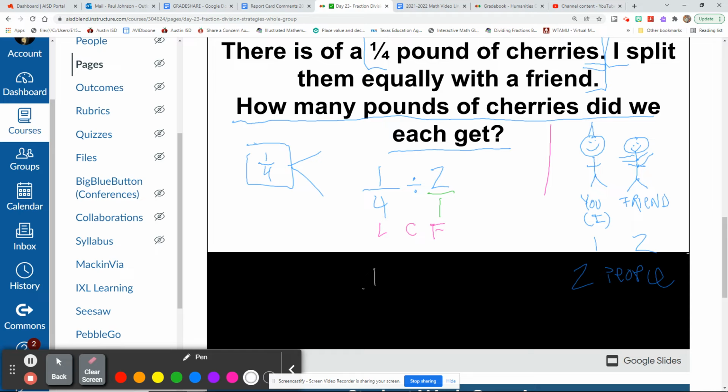So 1/4, leave it alone. Don't poke the bear. Change the division sign to a multiplication sign. Flip 2 over 1 and turn that into 1/2. So top times top is 1, bottom times bottom is 8, because 4 times 2 is 8. So 1/8. We each would have 1/8 pound of cherries.